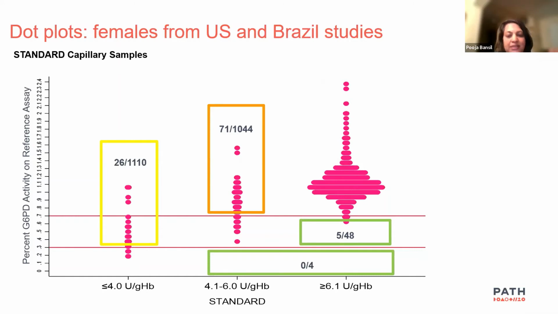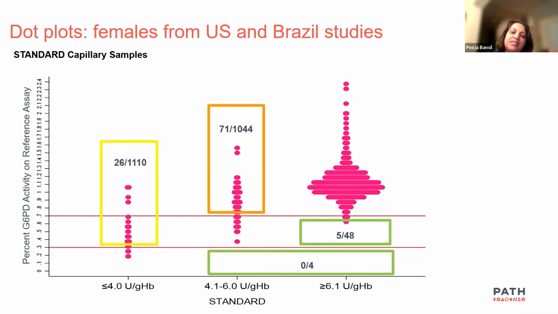At the 70% threshold, among 1,044 females classified as normal by the reference test, 71 were misclassified as intermediate by the standard. But again, the standard did a good job in discriminating between deficient, intermediate, and normal at the 30 and 70% thresholds, shown here by the green boxes. And only 5 intermediates by the reference test were misclassified as normal by the standard.